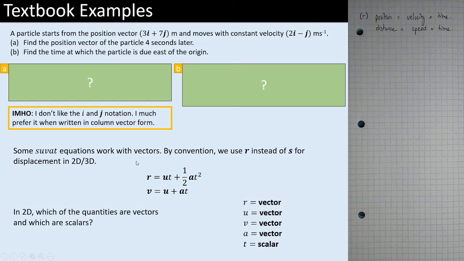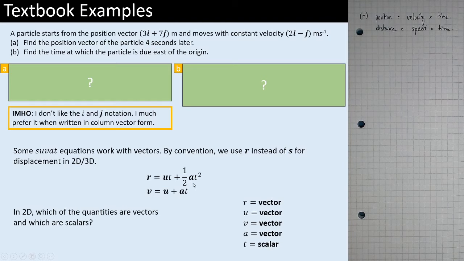Now, the majority of our SUVAT equations will work exactly as they did before. We'll just need to think about some of the vector arithmetic there. However, some, or at least one of them, will not work. Squaring a scalar, that's fine.